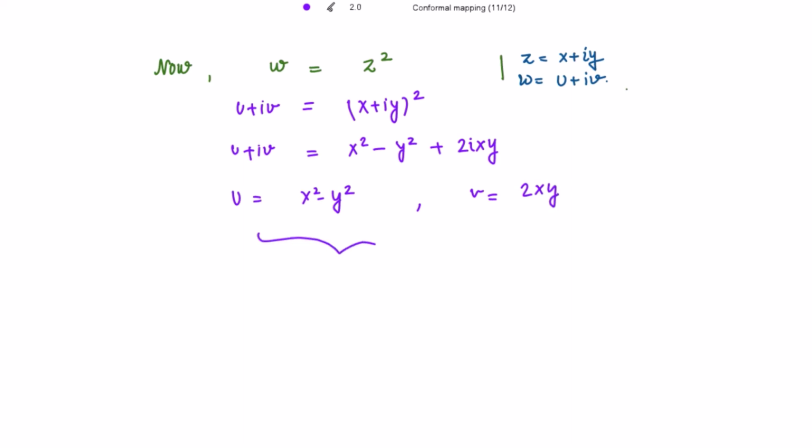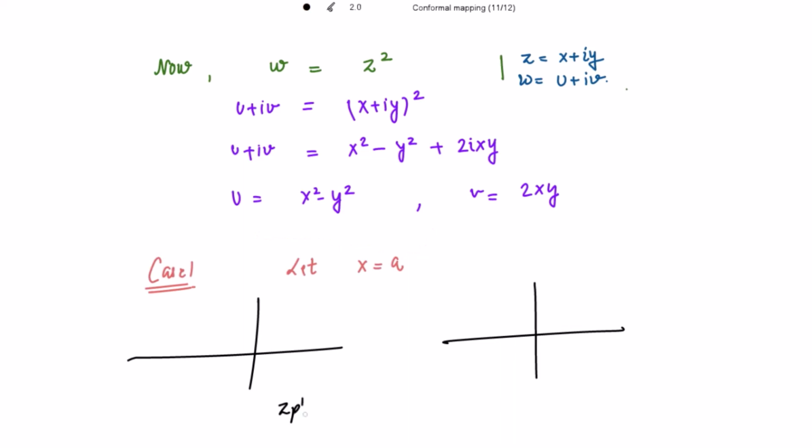Now according to this, let's find out the images in the w plane, right, for the conditions in the z plane. So for case 1, if this is your z plane and this is your w plane, this is your x and this is your y axis, and this is your u and this is the v axis.